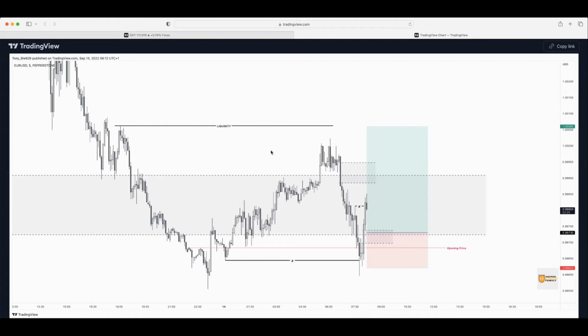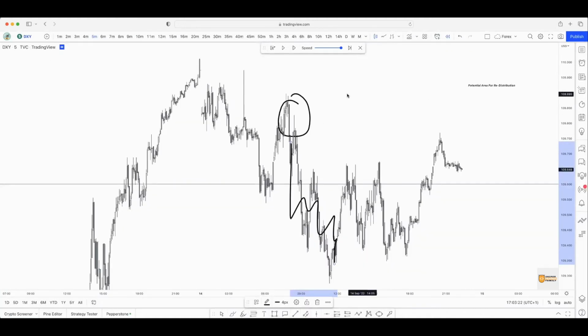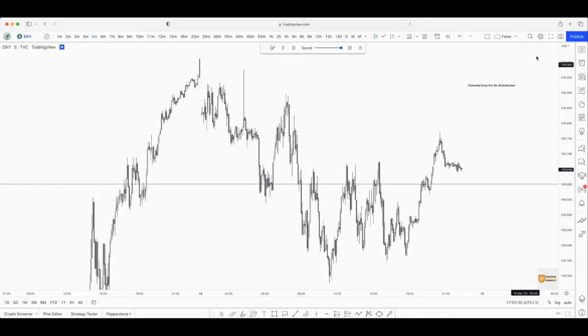That was when I saw this trade opportunity, and it was cool, right? So I was aiming for 1 to 3, and then I wanted price to capture the external liquidity sitting above, fill the imbalance, and all of that, which price did. Yep. So let's quickly go to the dollar index now. Sorry, Euro USD.